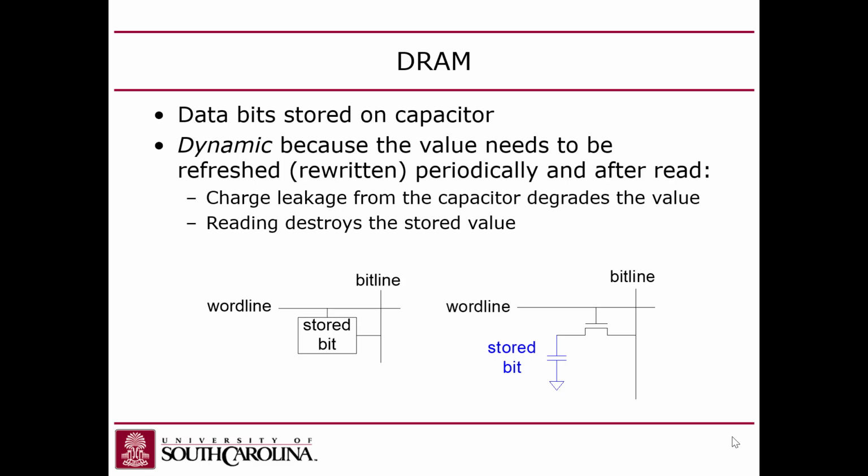And if there was a charge in that capacitor, that's a 1, and that 1 gets sent out to the bit line. Of course, you destroy it, you discharge it in the process, so it goes away. You have to recharge it after you get done with that. Make sense?